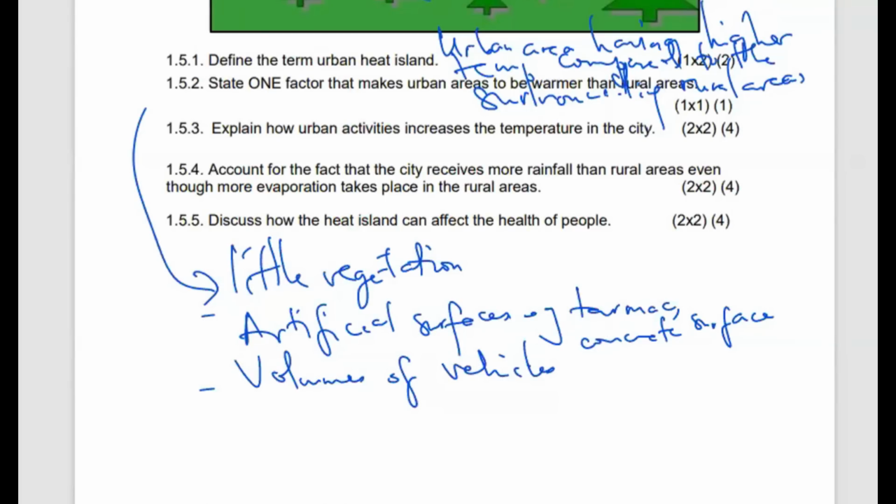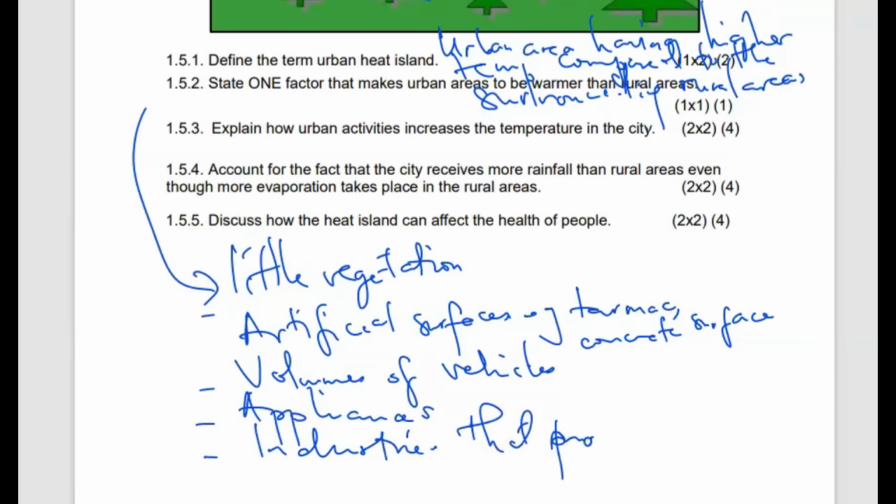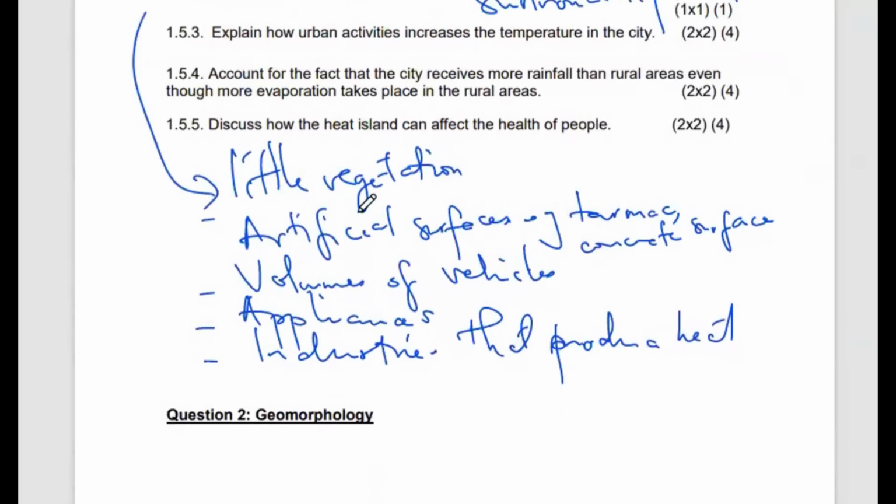So among some of those reasons, you can argue, or you can also argue on appliances that generate heat, or you can talk of industries that produce heat. So those are some of the contributing factors why we have higher temperatures in the urban areas compared to the rural areas.